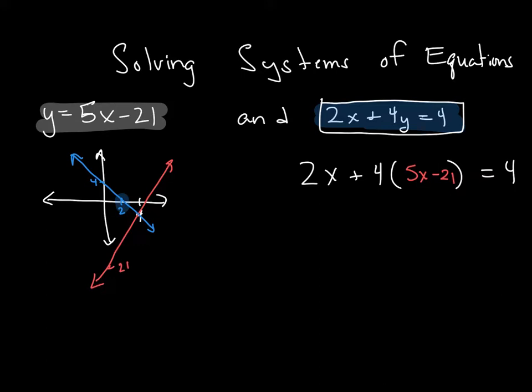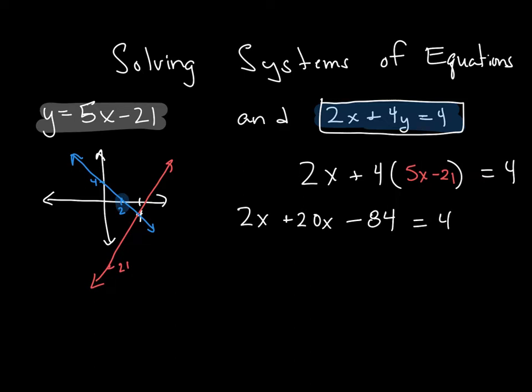So now I am left with, I need to distribute the 4 to both pieces on the inside of that parenthesis. So that gives me 4 times 5x is plus 20x. 4 times negative 21 gives me a negative 84, all equal to 4.